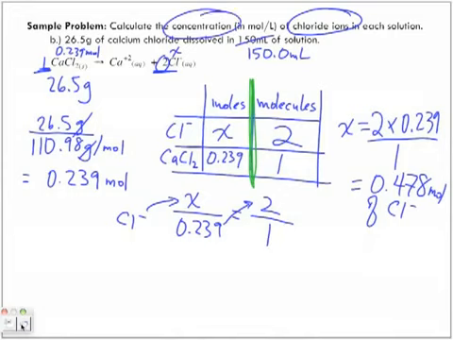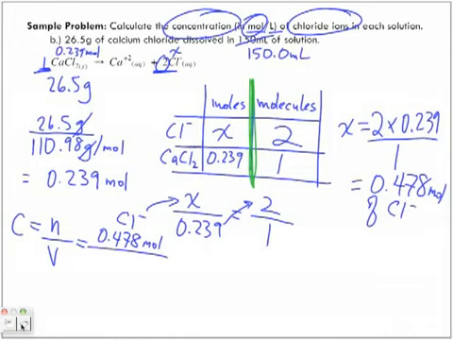So look at what we're asked. We're asked to find the concentration. It's in moles per liter. We've already found the moles, which means now we need the liters. Do we have the volume? Yes, so we can use the equation C is equal to n over V. n is our number of moles that we've just calculated, 0.478 moles, divided by 150.0 milliliters, which is equal to 0.1500 liters.